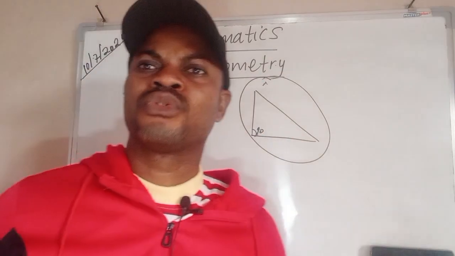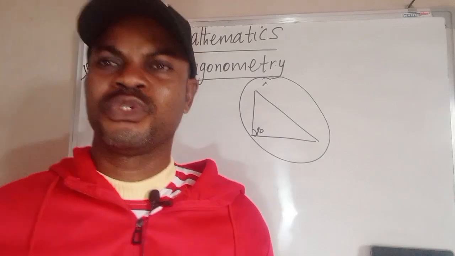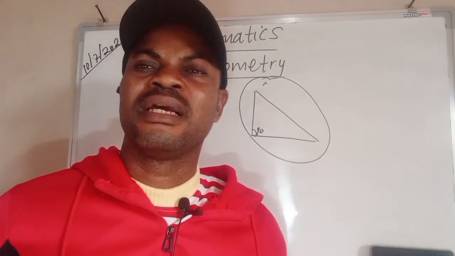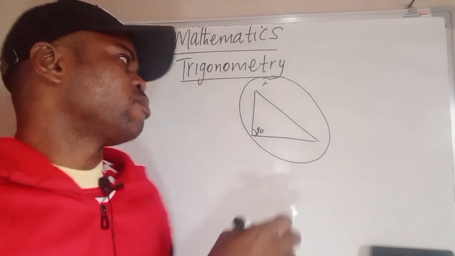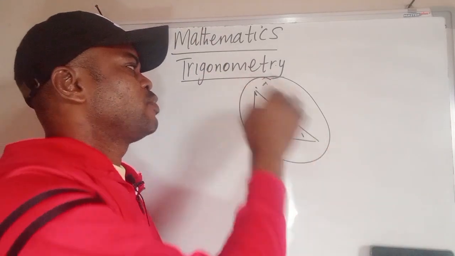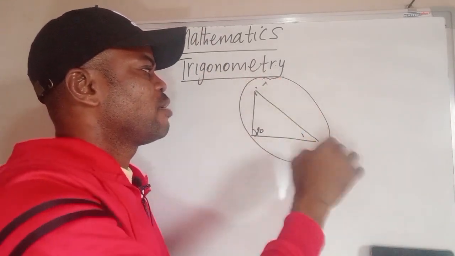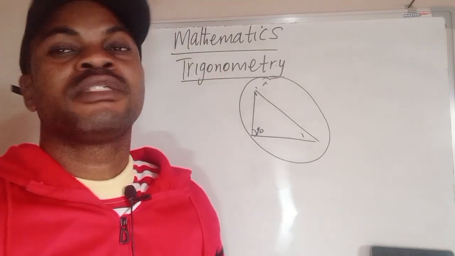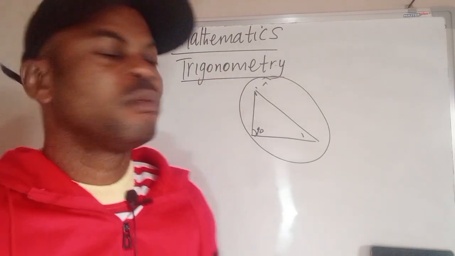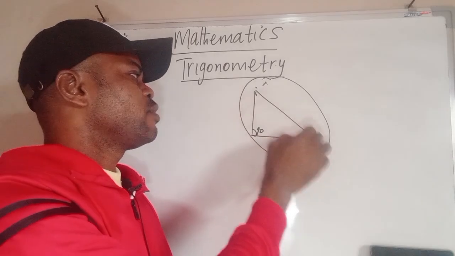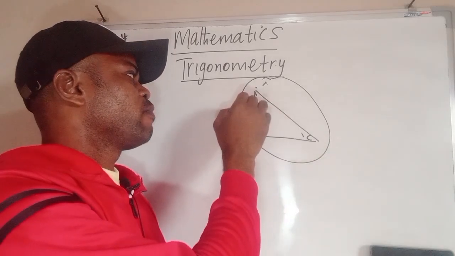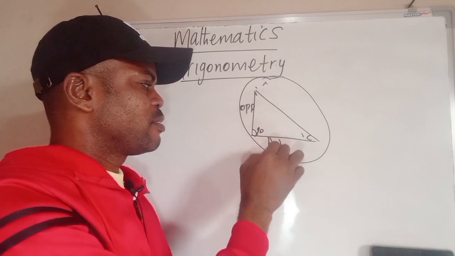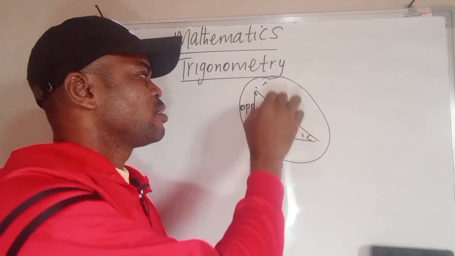The right angle triangle can be resolved using Pythagoras theorem, which says that the square of the longest side of a triangle, being the hypotenuse, is equal to the sum of the squares of the opposite and the adjacent. This is the hypotenuse.